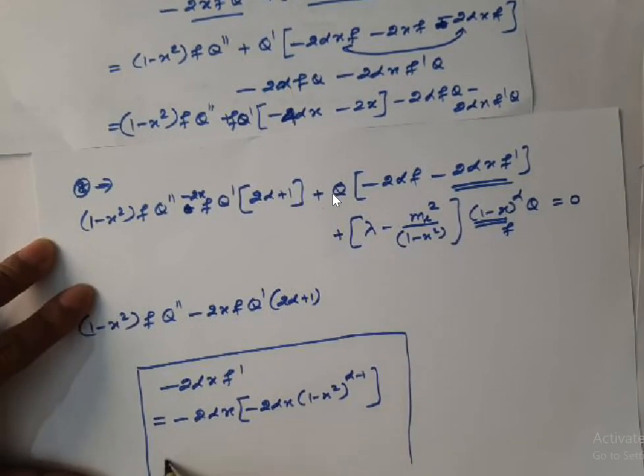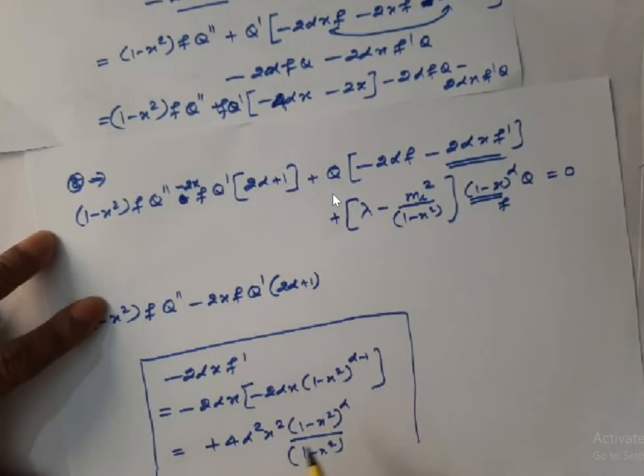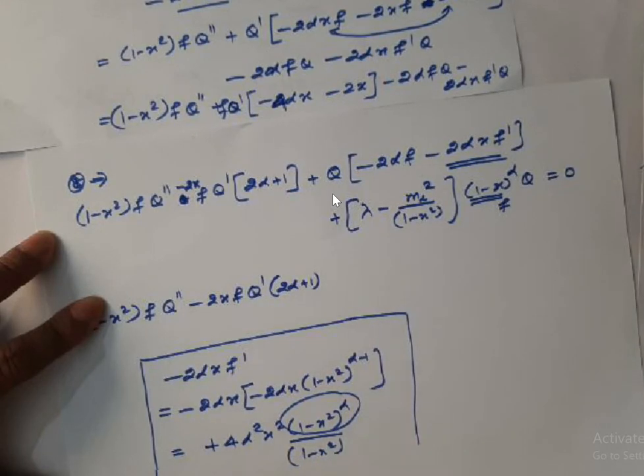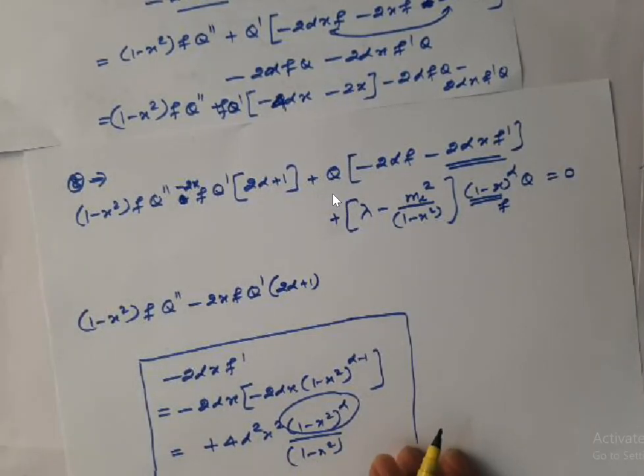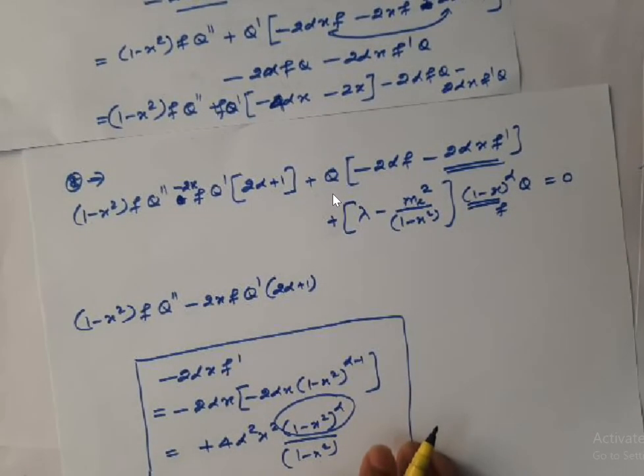Or minus times minus becomes plus 4 alpha square x square into 1 minus x square power alpha by 1 minus x square. We can write like this. What is this? This is nothing but f. So 4 alpha square x square into f by 1 minus x square. We can write like this.